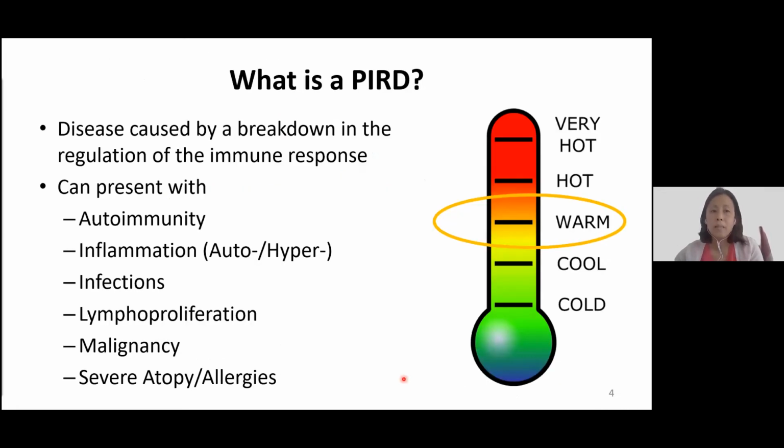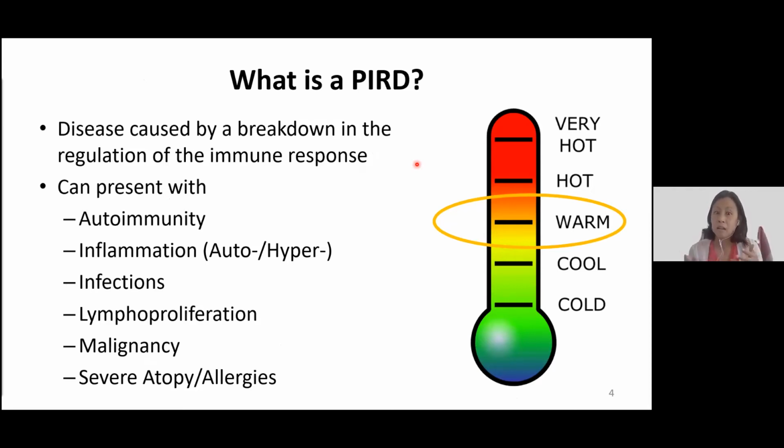So what is a PIRD? Well, PIRD are diseases that are due to a breakdown in the regulation of the immune response. What I think about, it's kind of like a thermostat, the immune system. We don't want the thermostat to be cold, where the immune system is just sitting around, not doing anything, bundled up in blankets. An infection comes along and it's like, okay, go for it, attack the body.